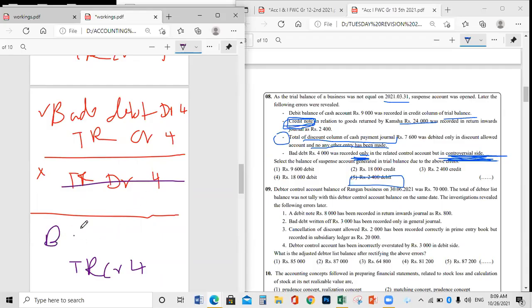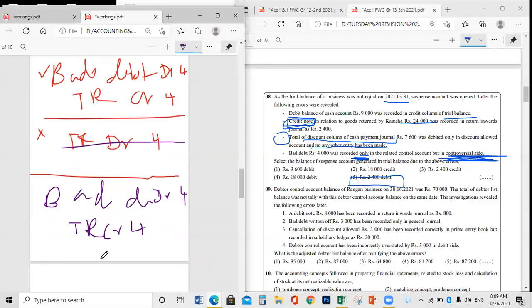What's the correct entry? Bad debt debit 4,000 and trade receivable credited by 4,000. That is going to be trade receivable credit 8,000. There should be suspense because you are crediting trade receivable twice. One is here and the other one is here. So that's why suspense account is there.